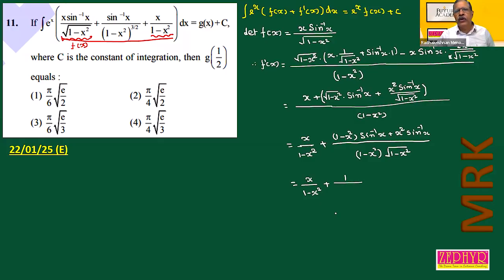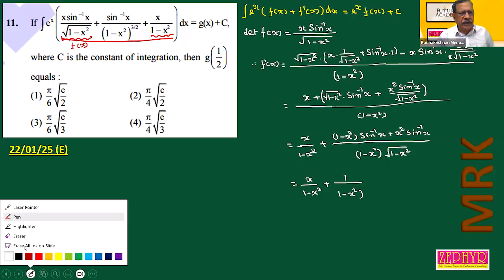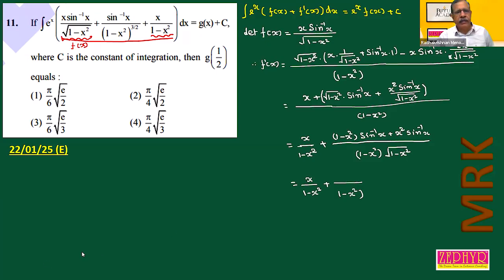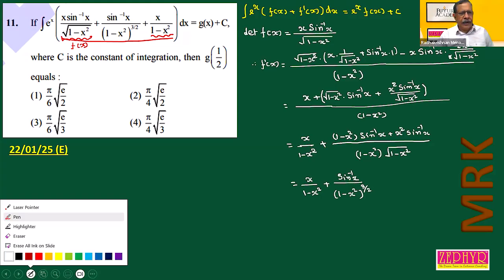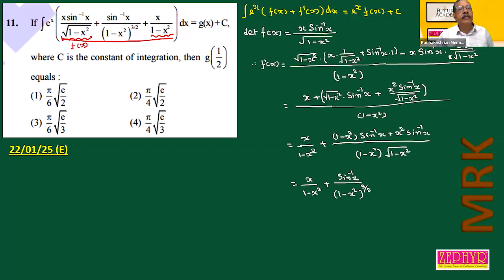So, 1 by 1 minus x squared, not 1, it is 1 into sine inverse x, sine inverse x divided by 1 minus x whole raised to 3 by 2. So this is what you are getting. So that is appearing here. This one.